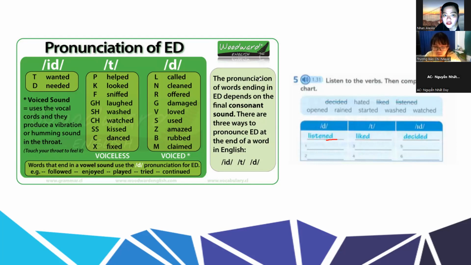Can you think, Maya, what two other words should join the verb listened? D sound. Take note, D sound. Rained. All right, correct. Next. The other one is opened. Opened.